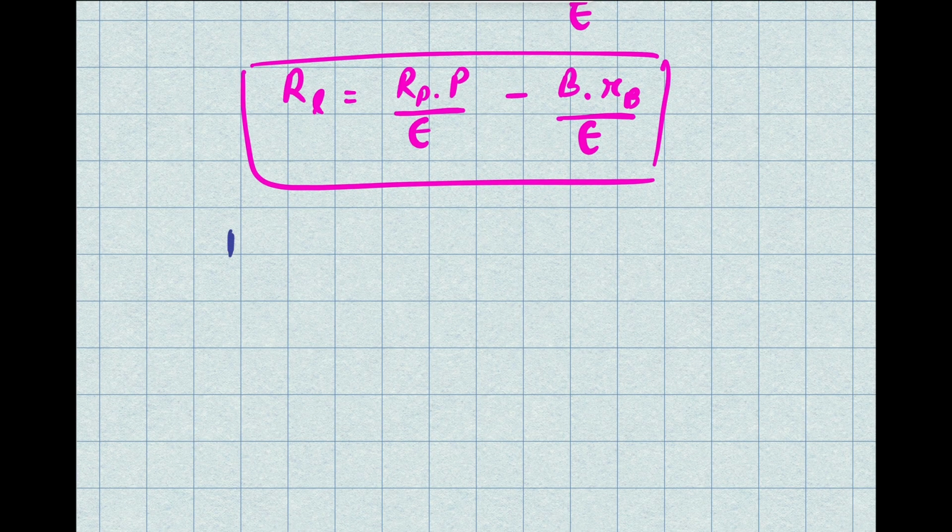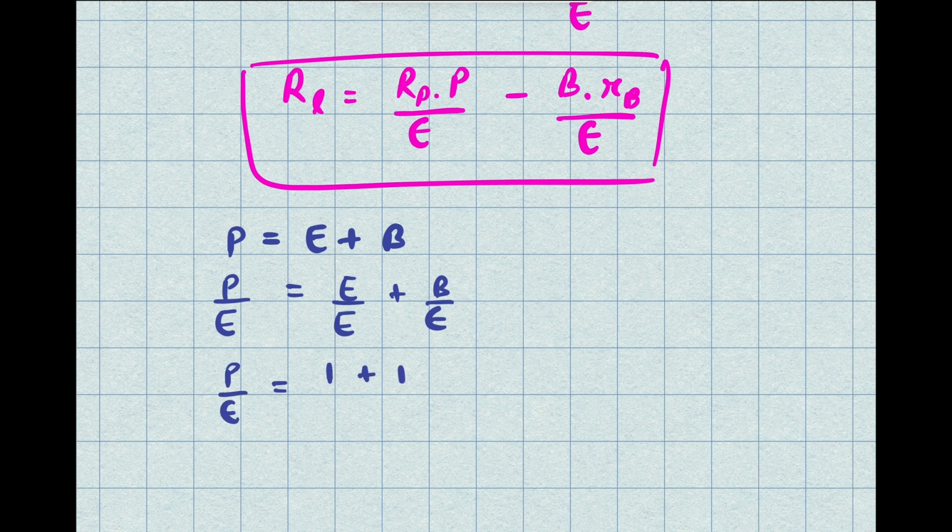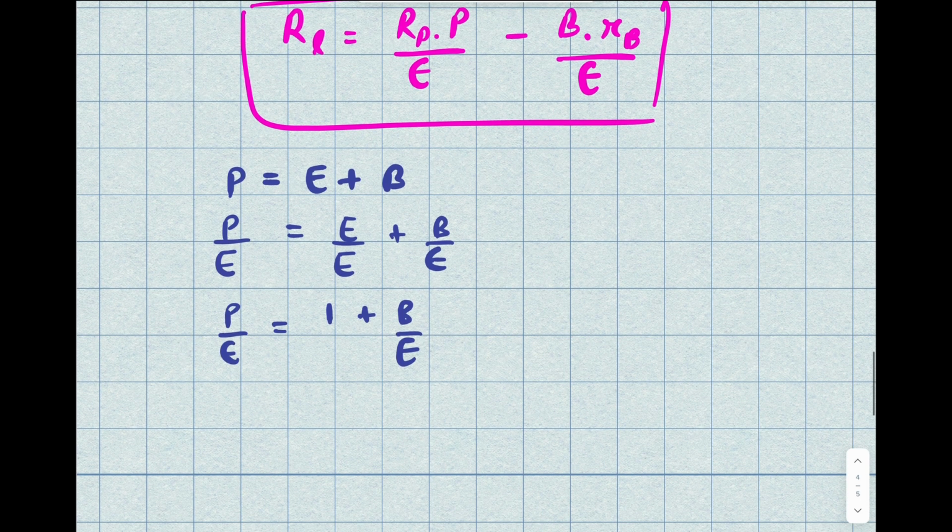Your portfolio was your own money and the borrowed money. I just want to divide both the left hand side and right hand side by E. I can do that, right? E by E plus B by E, right? So ultimately I can write it as this.